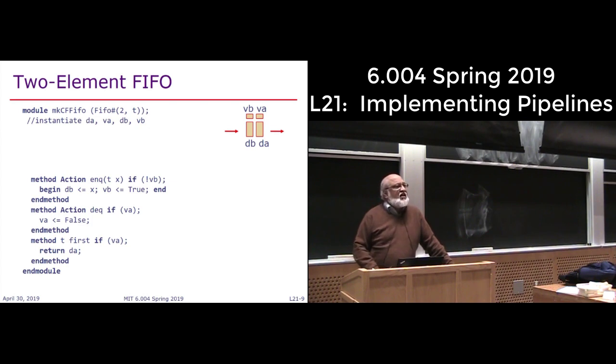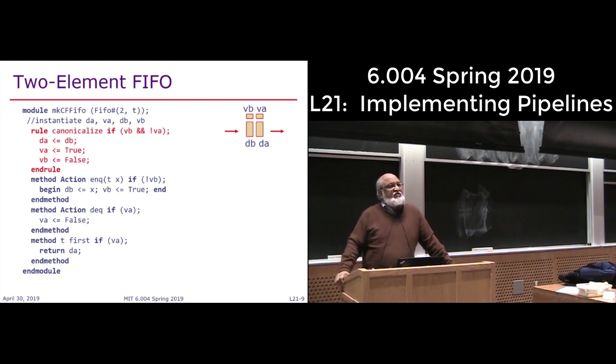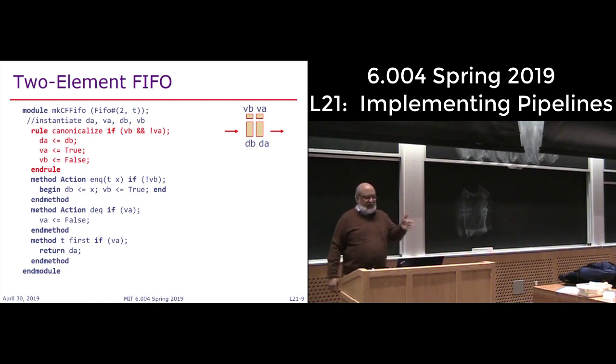And for that, I write a separate rule. I call this rule canonicalize. And what does that rule say? That as long as there is something in DB and nothing in A, then you must move this token here. That's all it does. So it brings it into the position where these rules can execute again.